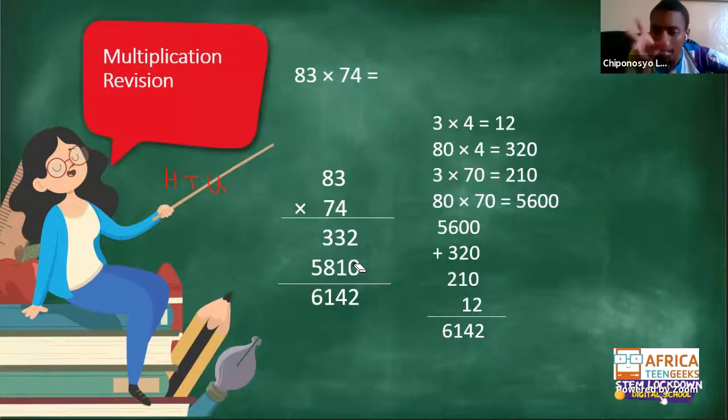A placeholder says that when I'm multiplying with this digit 7, I'm not just multiplying with any ordinary 7, just the unit 7. I'm actually dealing with 70. So I put a 0 here as a placeholder to say whatever comes here was multiplied with something in the tens place.